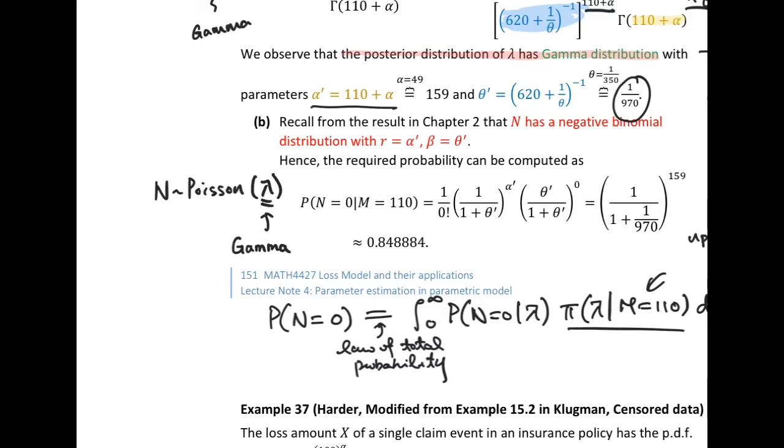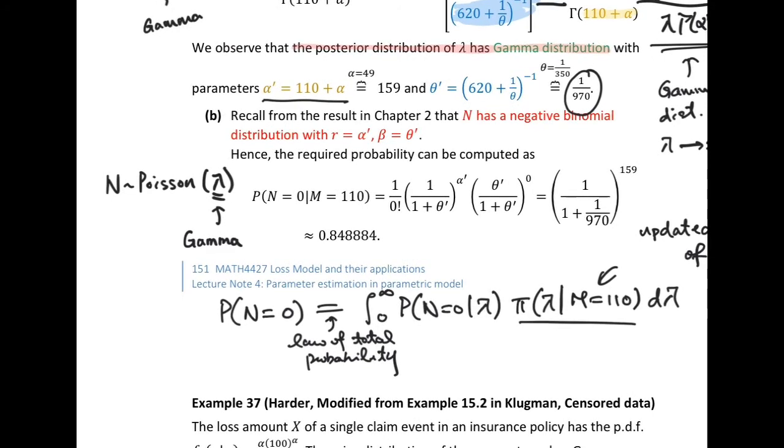Remember in topic 2, when we discussed the claim frequency, this combination, N follows the Poisson distribution and the parameter follows the gamma distribution, implies that N will follow the negative binomial distribution, with r equal to the alpha in your gamma distribution, and beta equal to theta in your gamma distribution.